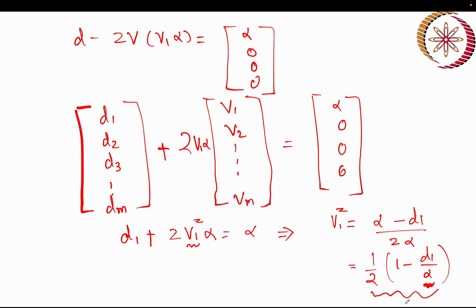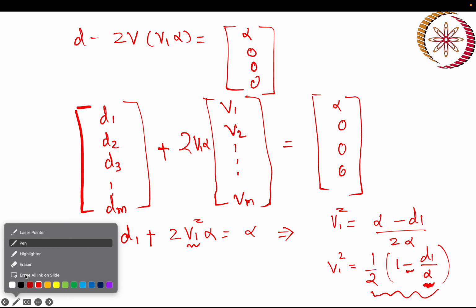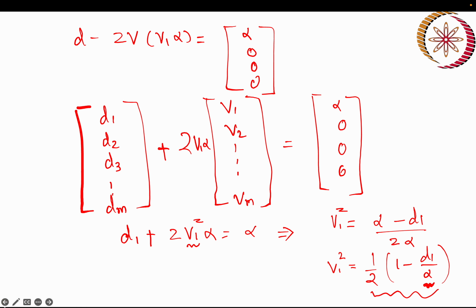In order to maximize this V1 square, if D1 and alpha have the opposite sign, then this term, whatever we are having with this minus sign, will be positive.